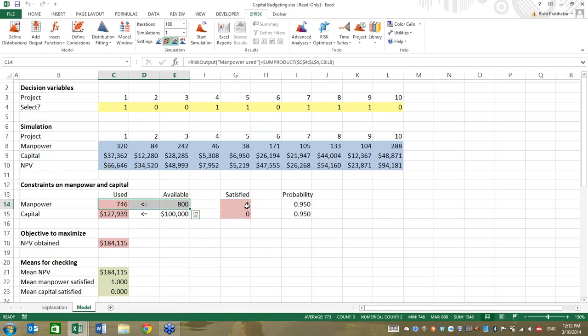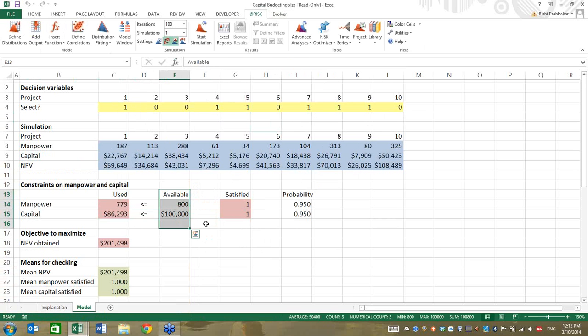So essentially what we have is a situation where the optimal decision without uncertainty actually violates our constraints sometimes when you include the uncertainty that we know. As you can see, sometimes there's one constraint that's been violated, sometimes both, and sometimes none.